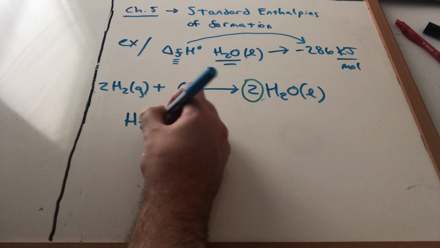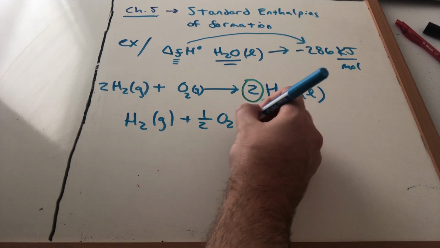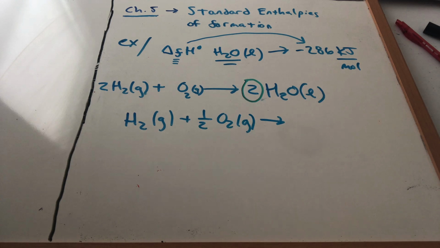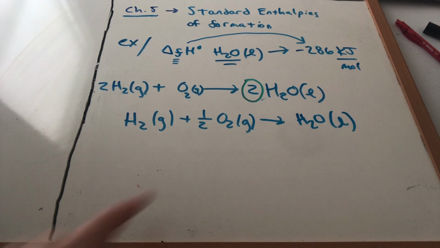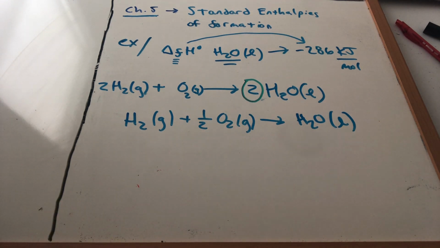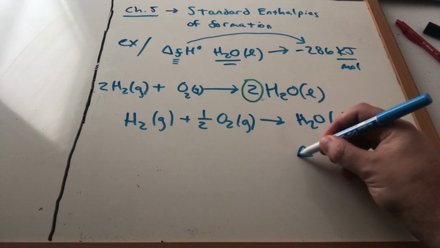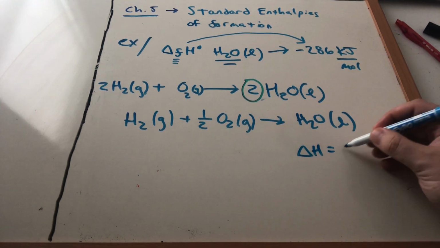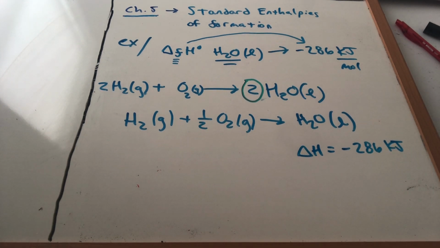I'm going to write this as H2 gas plus 1/2 O2 gas yields H2O liquid. And now I have a 1 here. Now on the left-hand side, I just see things in their elemental form. So now I know that the delta H associated with this reaction is minus 286 kilojoules.